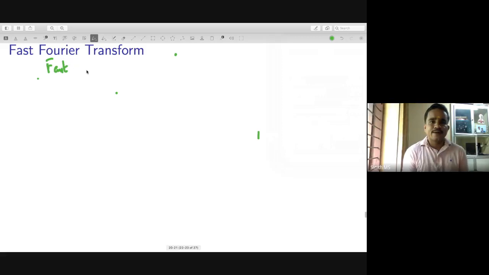As the phrase indicates, it is an algorithm which is used to find the DFT in a faster way, and let us see how it is done faster.